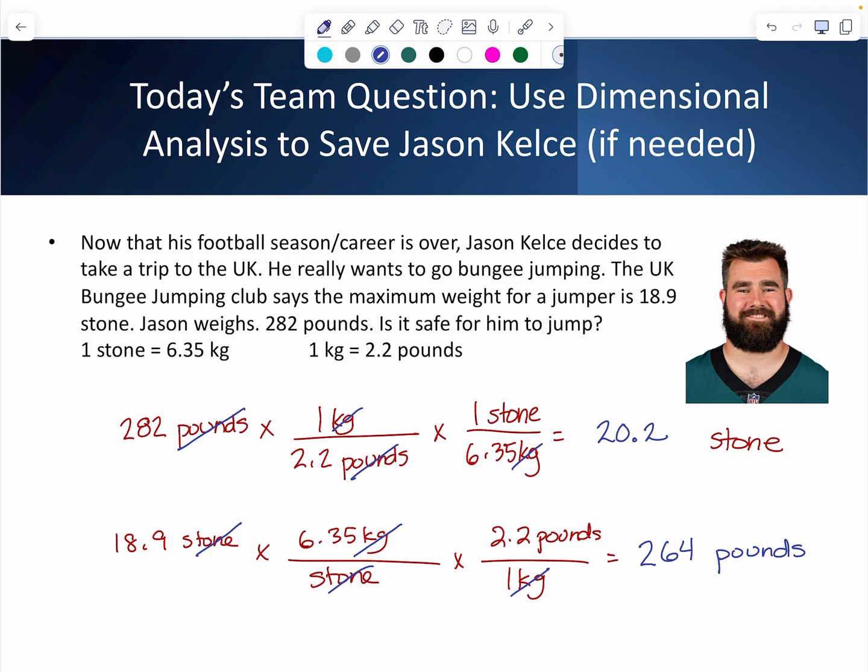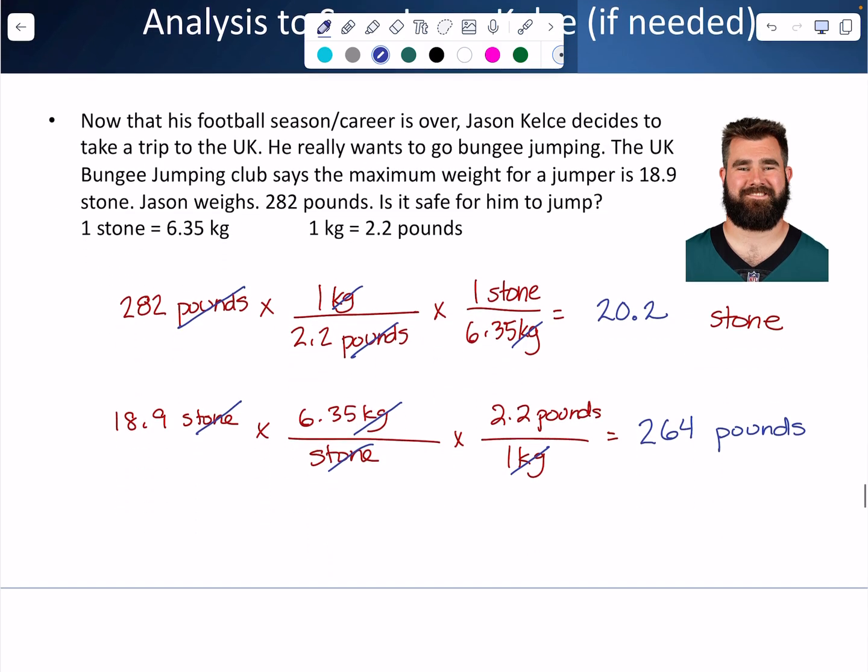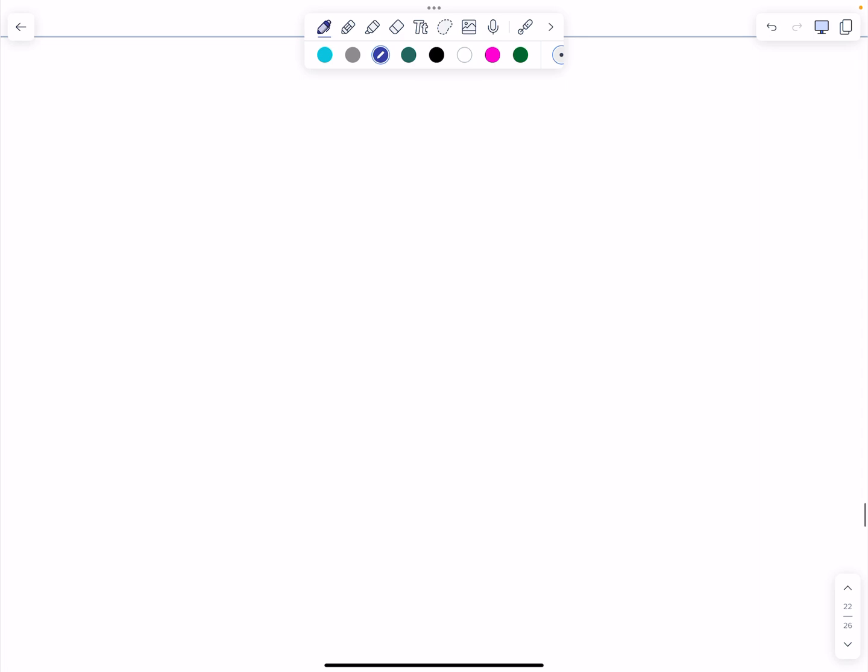Okay, so for scientific notation, we're going to be expressing numbers using what we call exponential notation, or times 10 to the something, so the powers of 10 notation. So we can use it for very small numbers, or we can use it for big numbers.